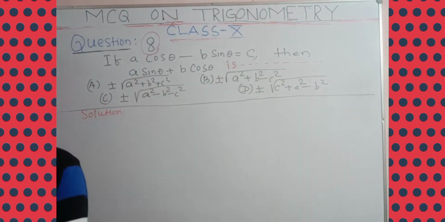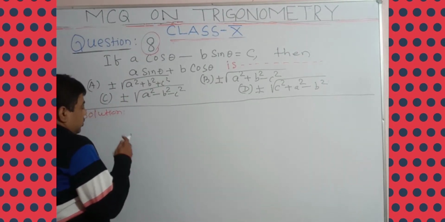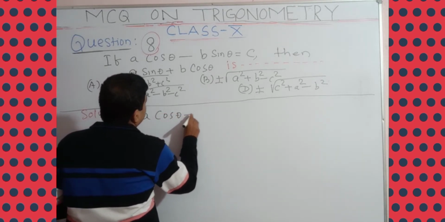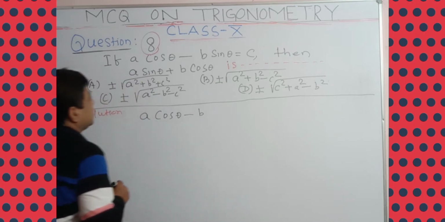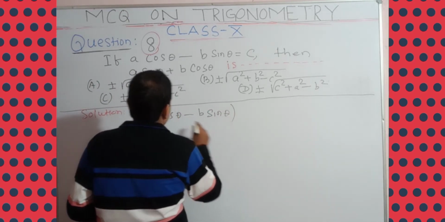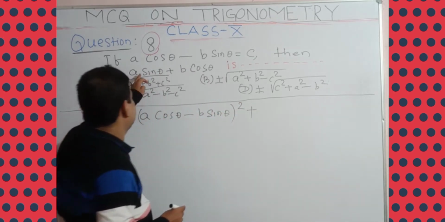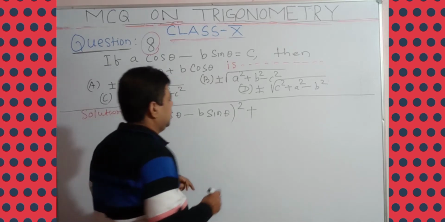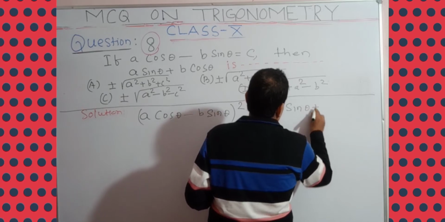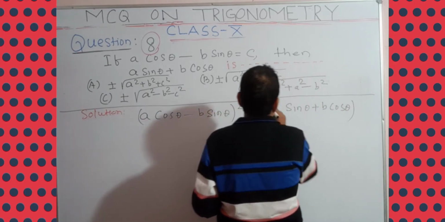Okay, so here you will use the concept: a cos theta minus b sin theta is given, let us take whole square, and another expression is given, a sin theta plus b cos theta, whole square, finding the square.